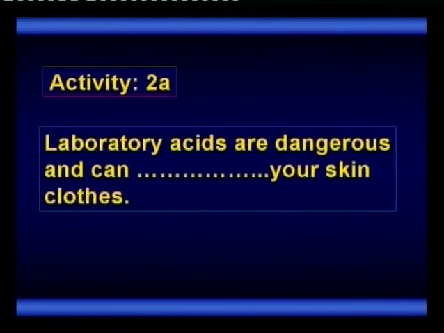Fast reader and fast recorder for the group. Your next question.